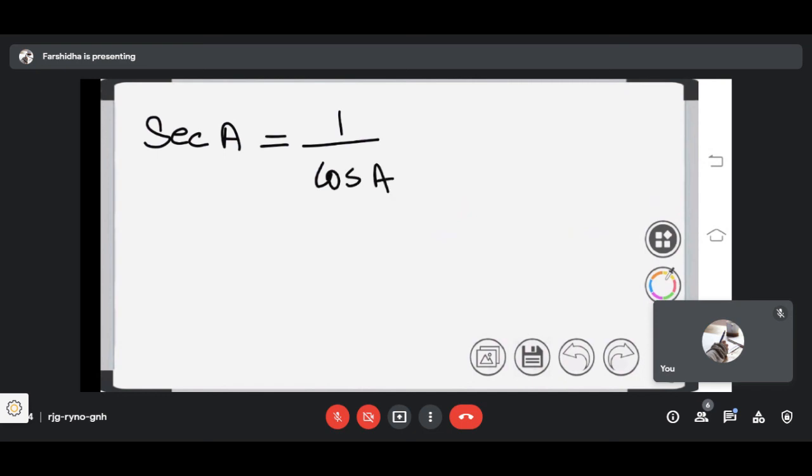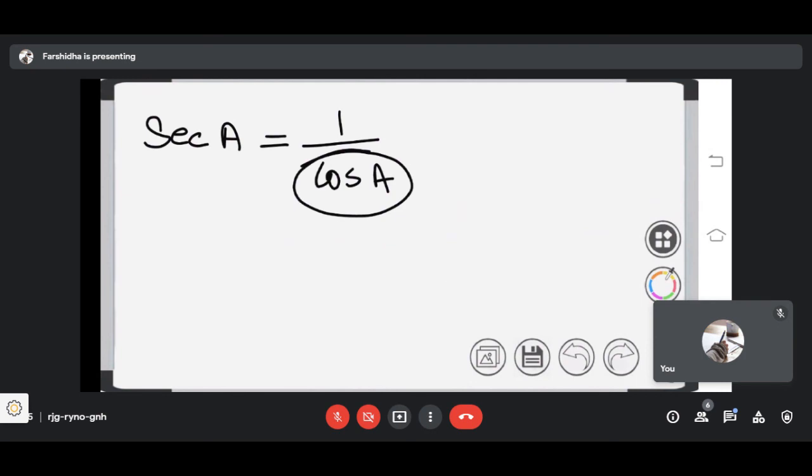Cos and sec are reciprocals, so I can write sec A equal to 1 by cos A. Now you can replace this cos using equation number 2, where we just found what cos is.